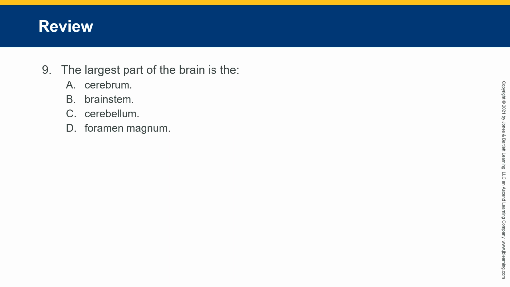The largest part of the brain is the cerebrum, brainstem, cerebellum, or foramen magnum. You knocked off two of them.